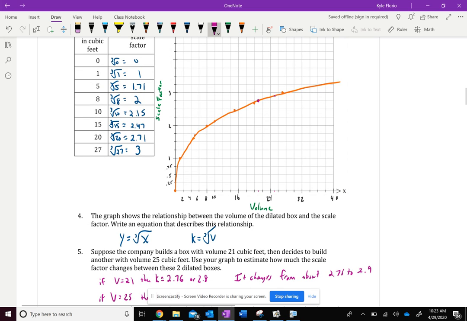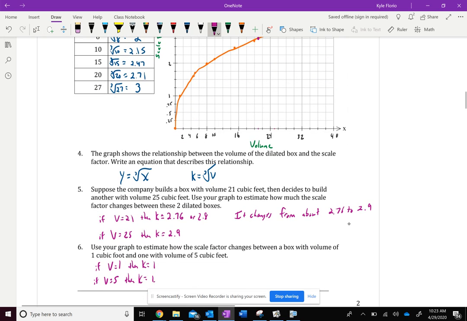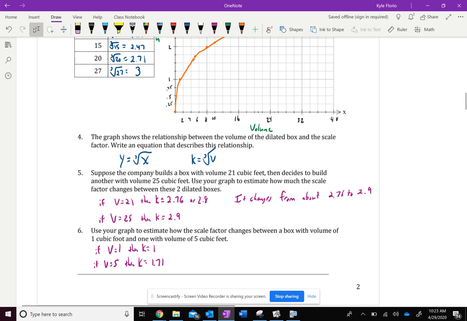Yeah, it's 1.71. So the scale factor changes from 1 to 1.7.